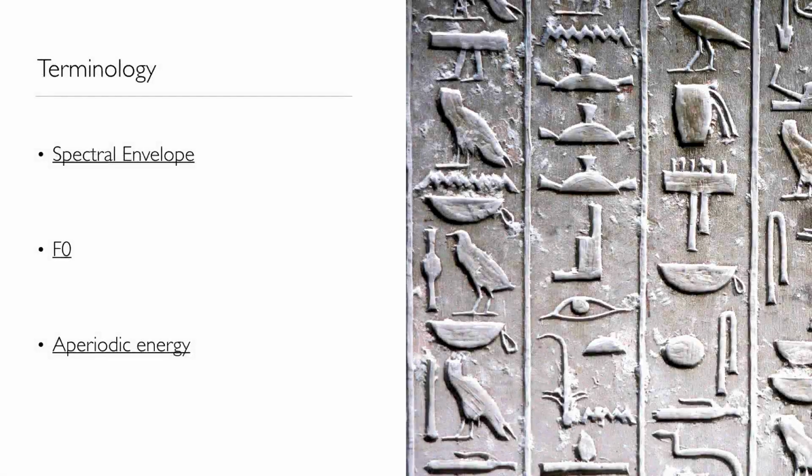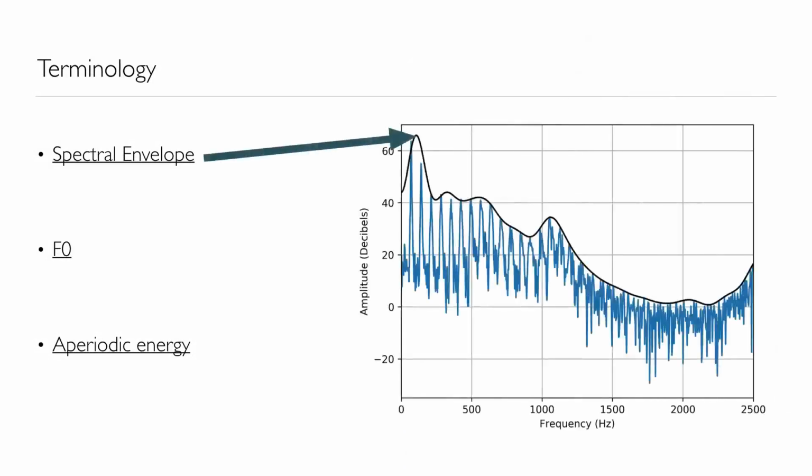So let's talk about some terminology about the features that we are going to extract. There are essentially three features. The first, already mentioned, is the spectral envelope, which is the contour of the magnitude spectrum of the signal, and the shape of this curve resembles the frequency response of the vocal tract.